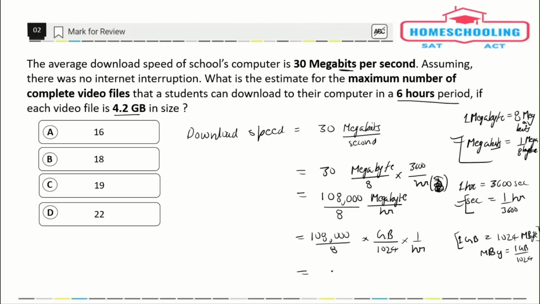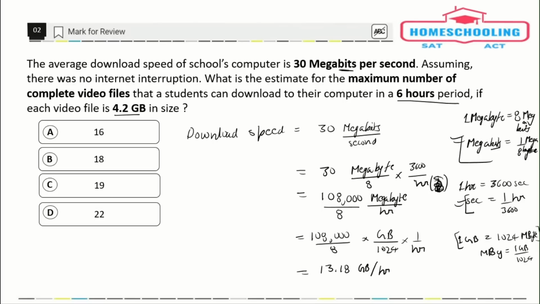After solving all this, let me put it on my calculator. 108,000 divided by 8 divided by 1024 comes to 13.18 gigabytes per hour.